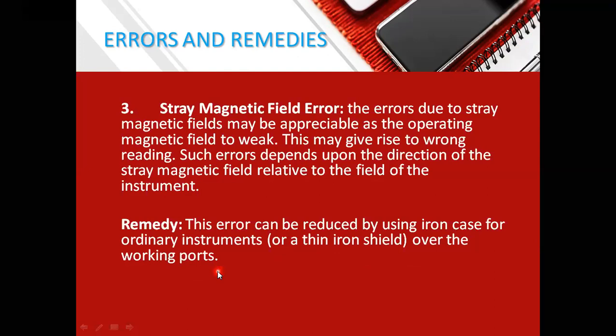Let me draw and show you the same. So if you have outer magnetic lines of force and the white one shows the iron case, inside you have PMMC, especially the coil one.